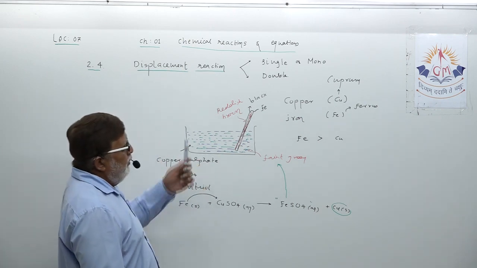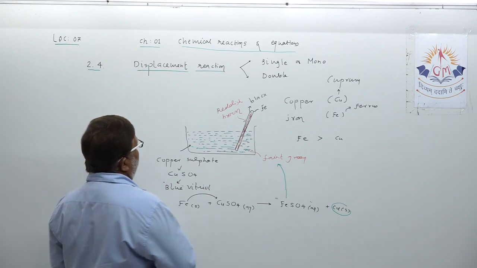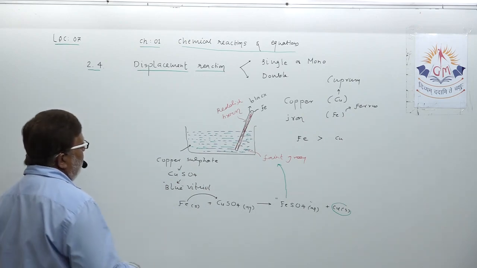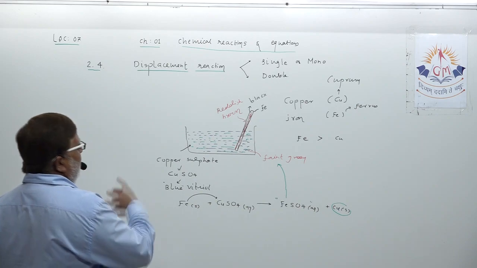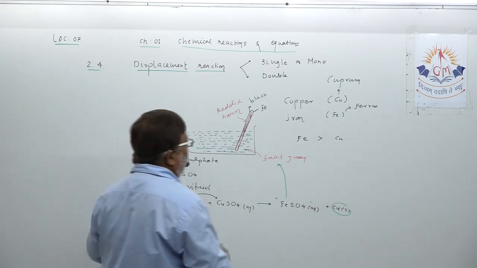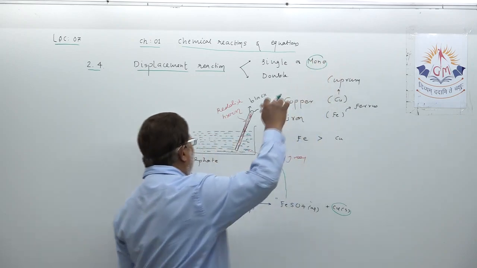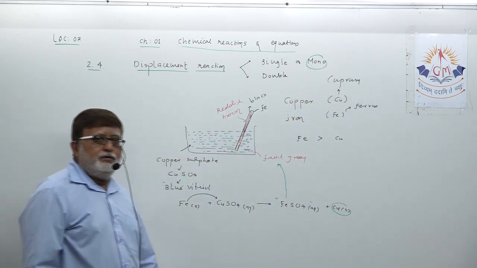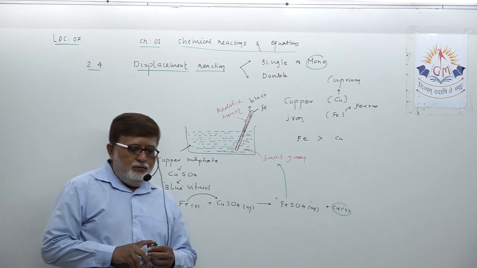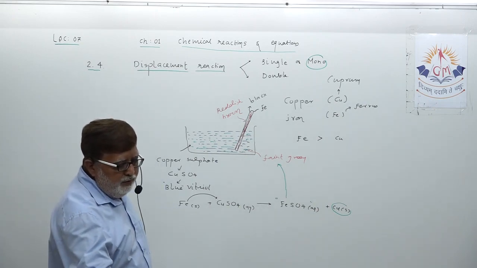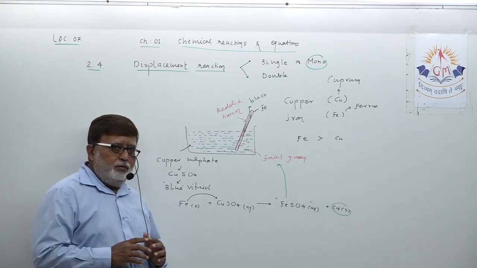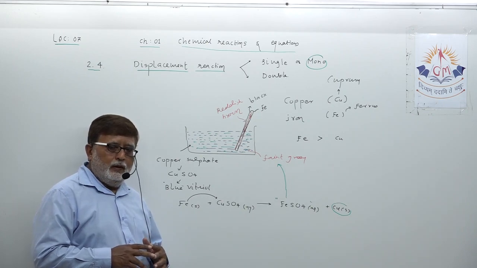Okay, dear student. So when you discuss displacement reaction, you are ultimately giving an idea about single or mono displacement reaction. When you want to remember the definition, never just mug up.